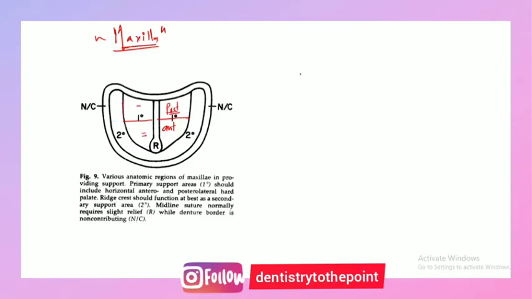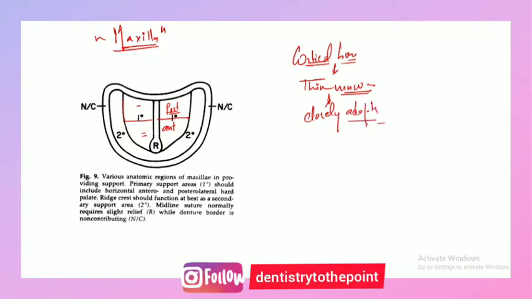The hard palate mainly consists of cortical bone with a thin mucosa which is closely adapted, and this mucosa is keratinized. So keratinized mucosa can well tolerate the stresses, right?